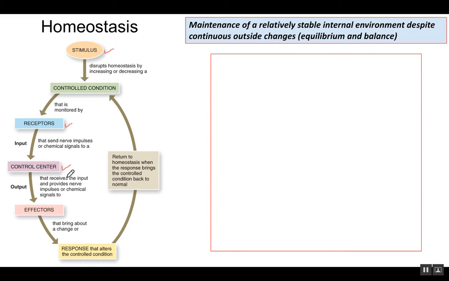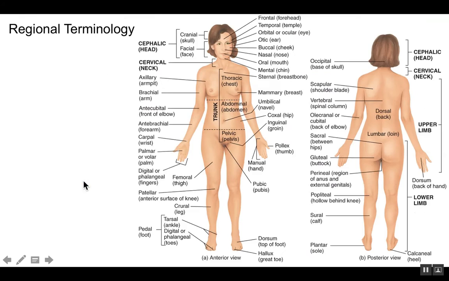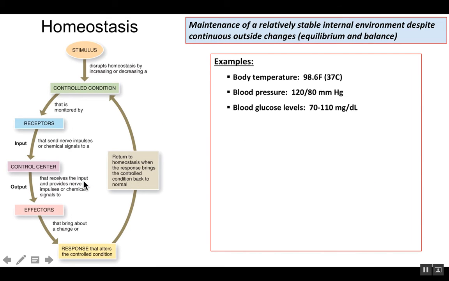So the control center receives and provides information regarding that condition. So the control center, usually your brain, assesses this information, determines what to do about that information, and signals what we call effectors.